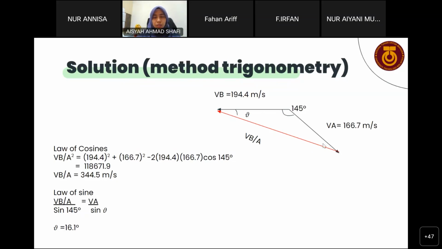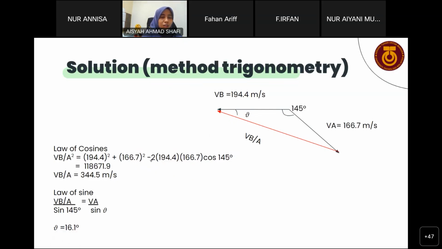From this triangle, we can solve using trigonometry.